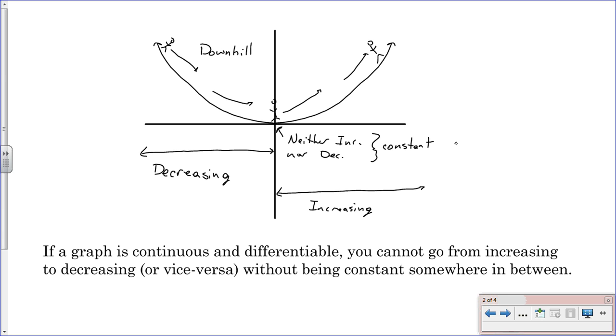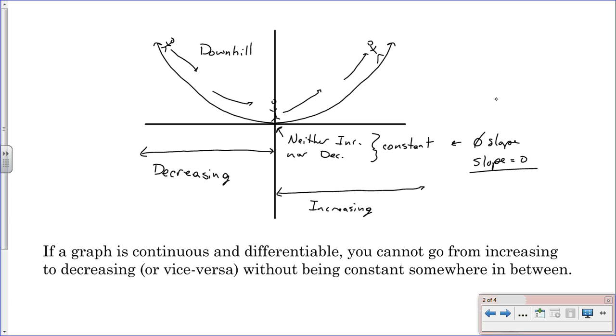It is said to have no slope, or a slope of 0. Either no slope or slope of 0.